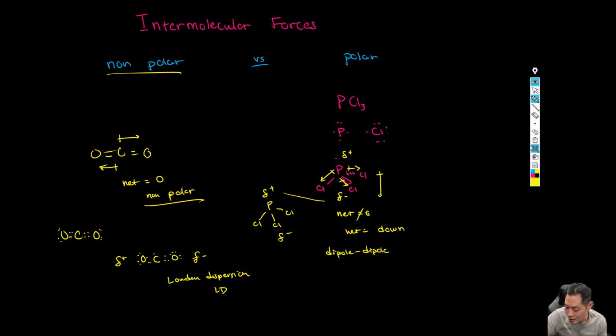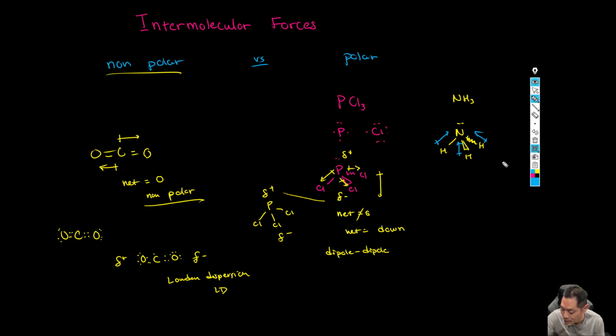Now, the other classic one is NH3. So when I draw it, it's going to look almost exactly the same as this one. So it's a pyramidal, it's a tetrahedral with a lone pair on top. Now the difference is here you have chlorines that are more electronegative. Here you have the nitrogen that's more electronegative. So it's going to pull all the electrons instead of down, it's going to pull all the electrons out.